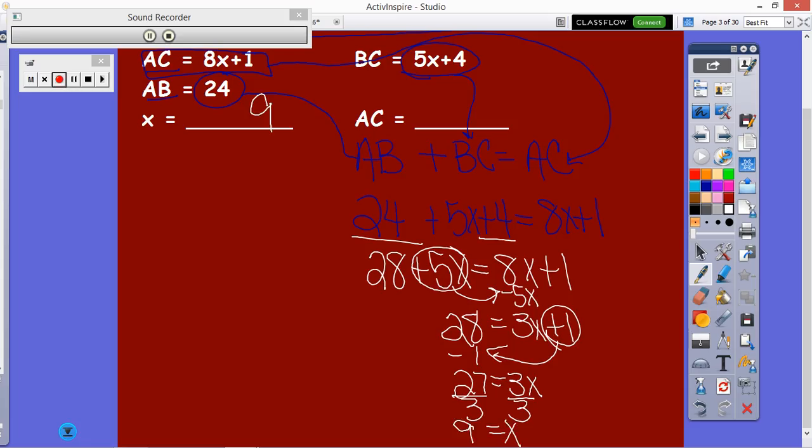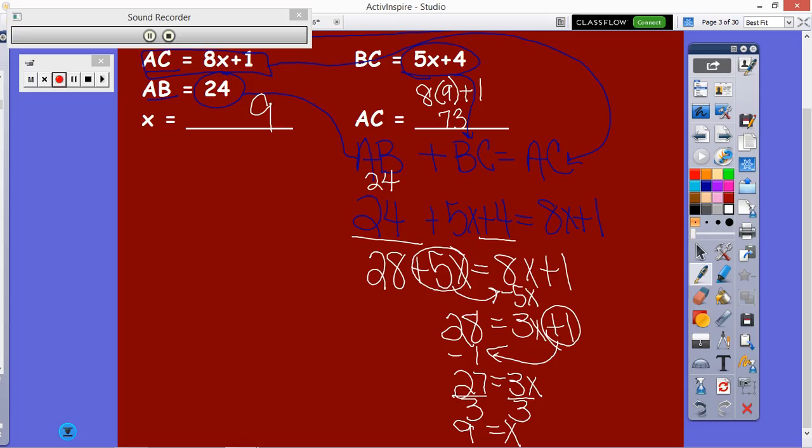Now notice in this problem, it did ask me for the value of x, but it also asked me for the value of AC. So 8 times 9 plus 1 is 72 plus 1, which would be 73. Now I need to make sure that I'm correct. So what I will need to do here is double check from here, where my AB is 24.